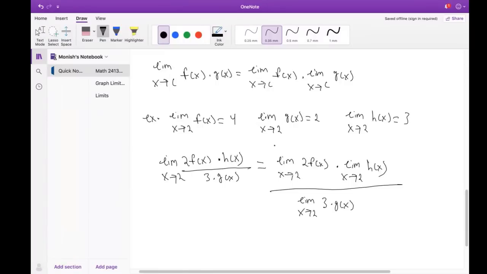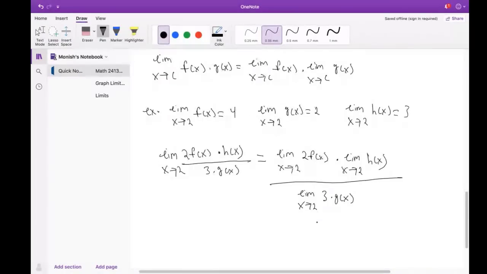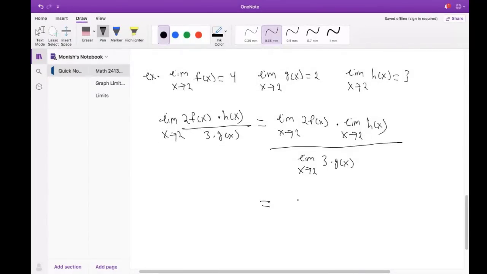And we know what all of the limits are equal to, so now we can just plug it in directly. By the way, these constants out in front of the f of x and the g of x, you can move to the front and treat them as a coefficient. So we know that f of x is equal to 4, so that's 2 times 4. We know that h of x is 3, and we know that g of x is 2.